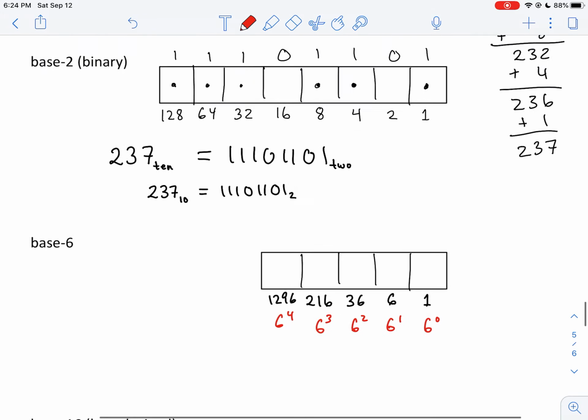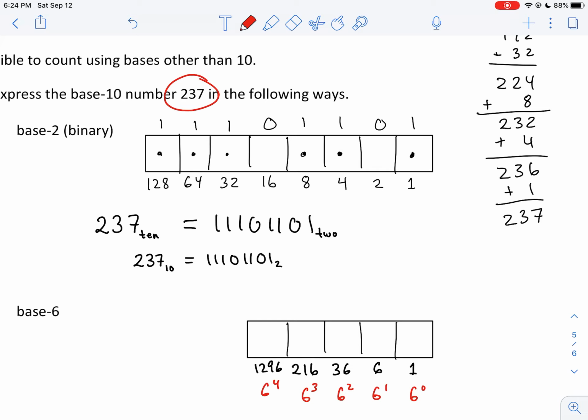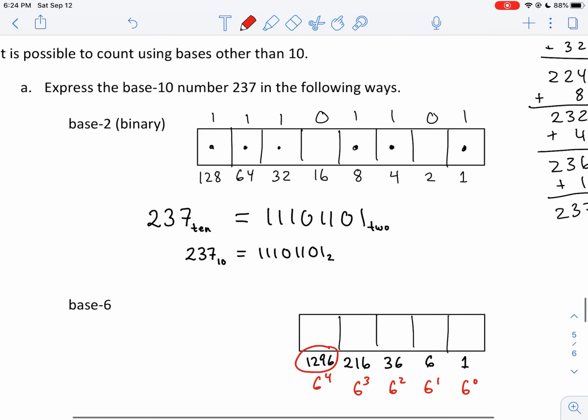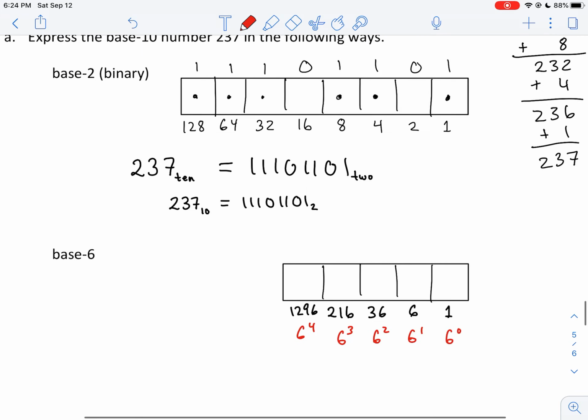Now the reason I stopped there is because we've now gone larger than this 237 that we're trying to add up to. So I definitely don't need any of these. I don't need any 1296s, because that's already more than 237.